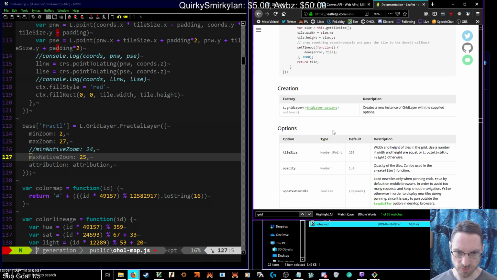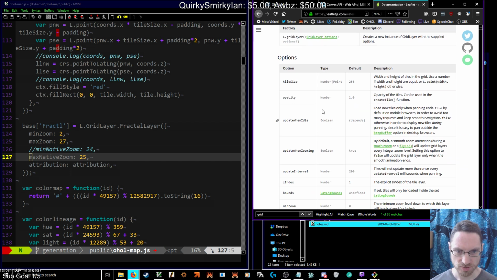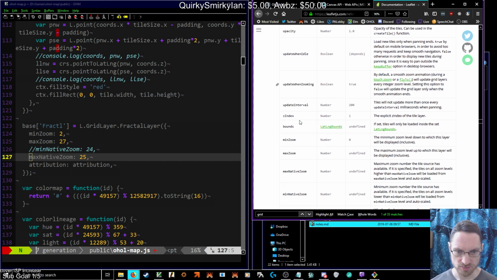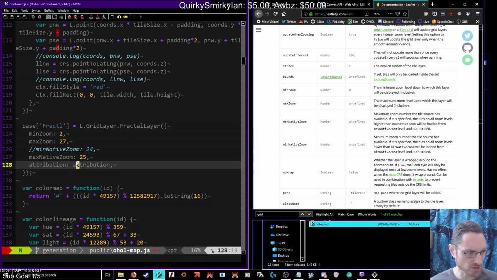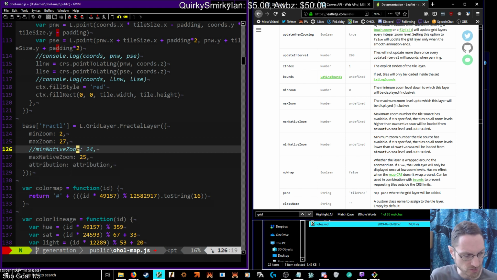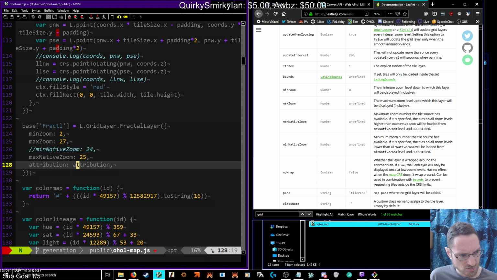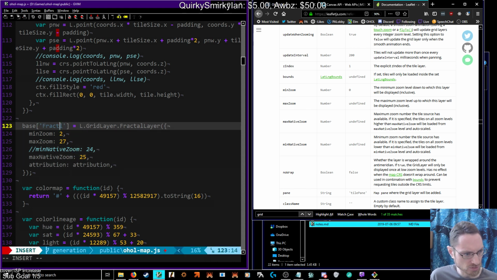Oh yeah, I can do asynchronous processing. So tile size, opacity. Oh, it does have. Yeah, so we're not really gonna have any difference on native here. Well, I guess yeah, it would be just as well to stretch it. Yeah, base attribution will work.